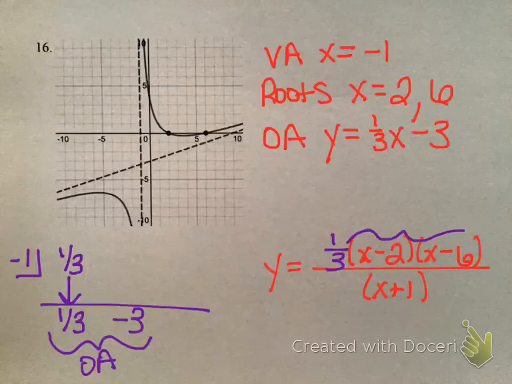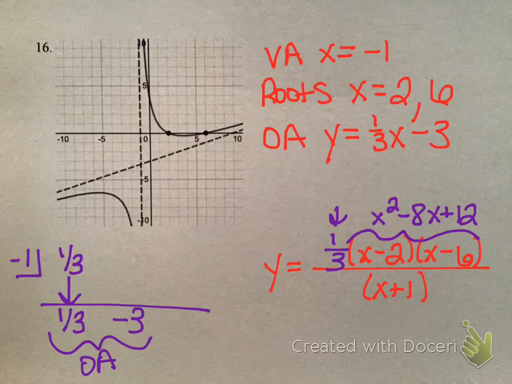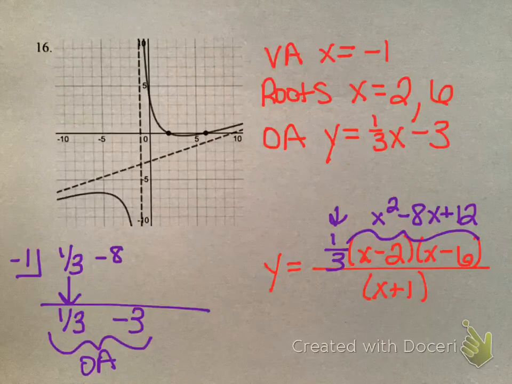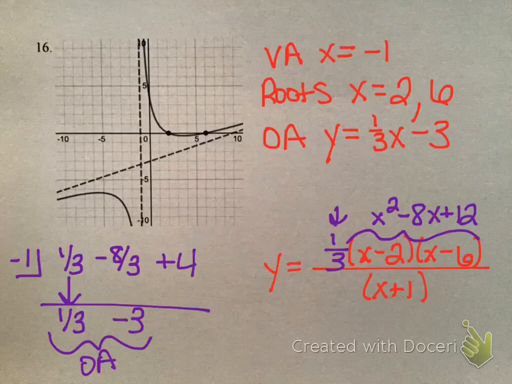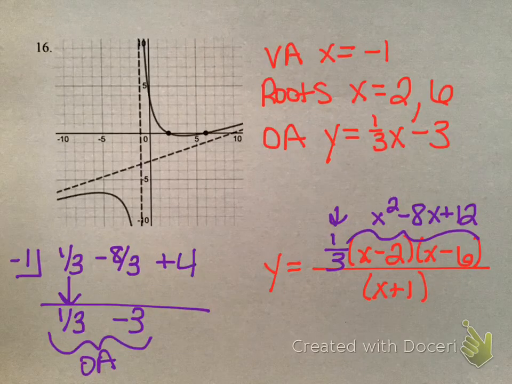This quadratic right here, if I FOILed it out, would be x squared minus 8x plus 12. If I then took that 1/3 and distributed it through, it would have been 1/3 x squared minus 8/3 x plus 4. Then what I want to do is make sure the synthetic division works out correctly.